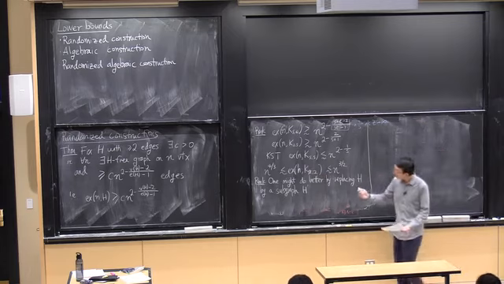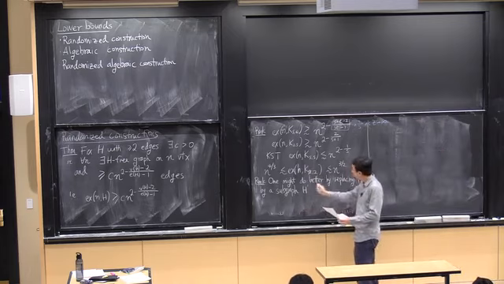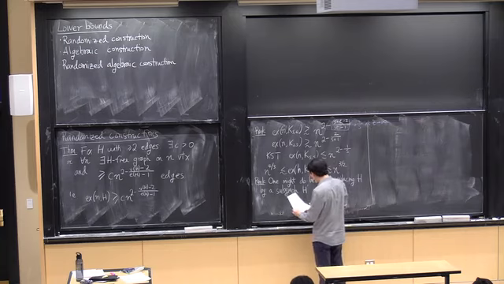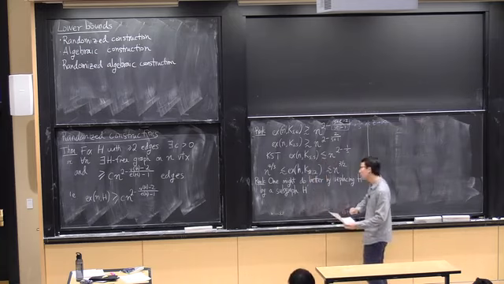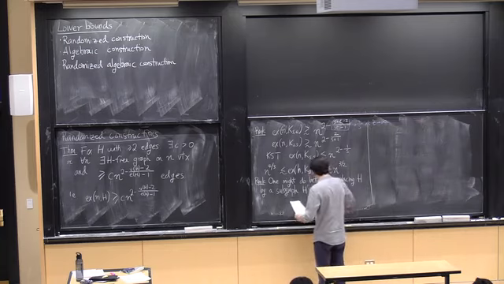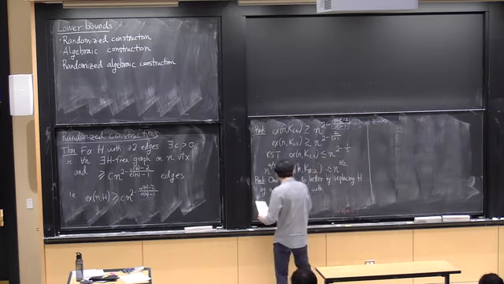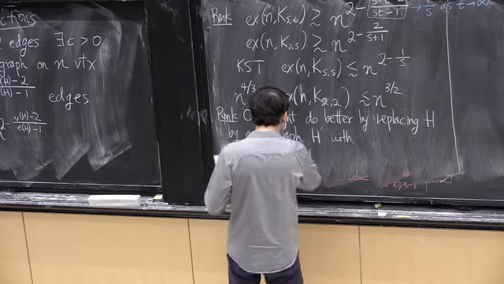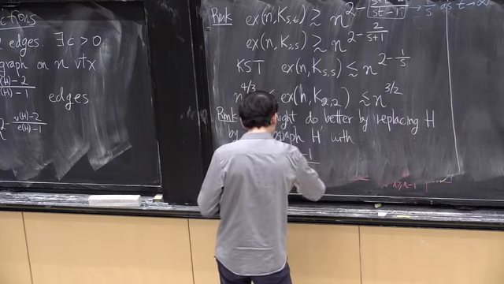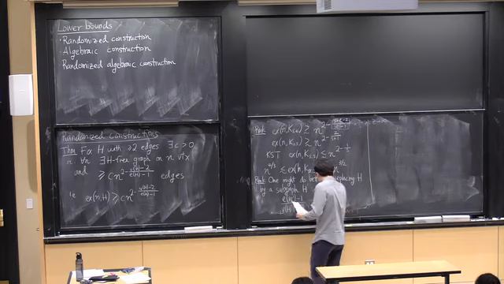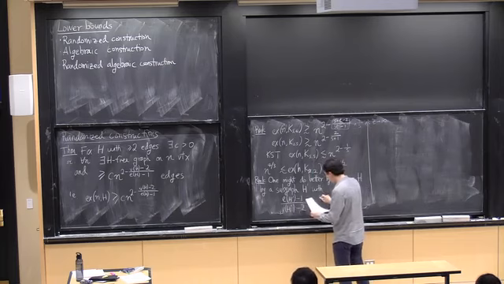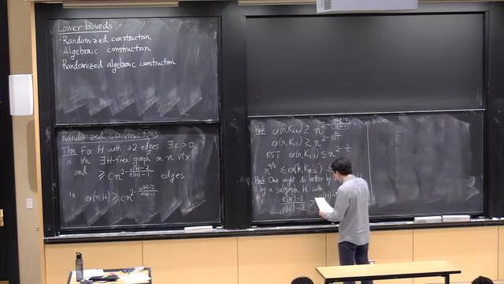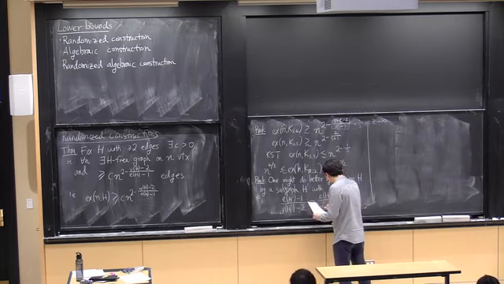But maybe this theorem actually gives you a better construction when restricted to H prime. And when can you do better? Well, you can do better if H prime is such that whatever the quantity that comes up in the exponent, so let me write it like this, is superior to the exponent you would obtain by just looking at H.